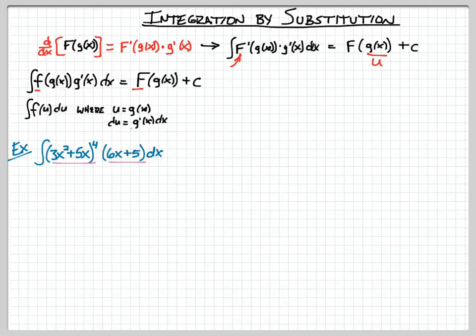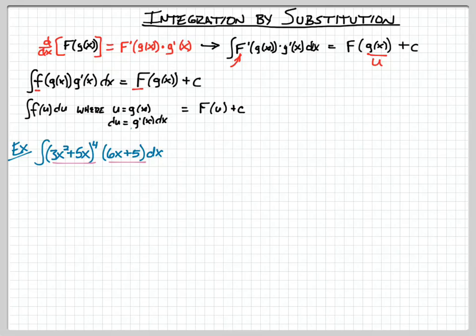So this is just using substitution. This is where integration by substitution is coming from. What we end up with is capital F of u plus c. So we've still got the same thing. The only difference is instead of saying g of x and having all these extra parentheses, we've got a u in here. So we've substituted u instead of having the g of x.